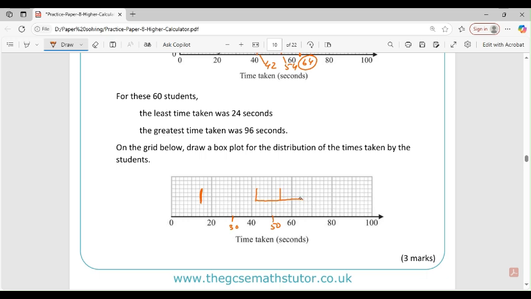So 64 is going to be after two boxes somewhere like this.